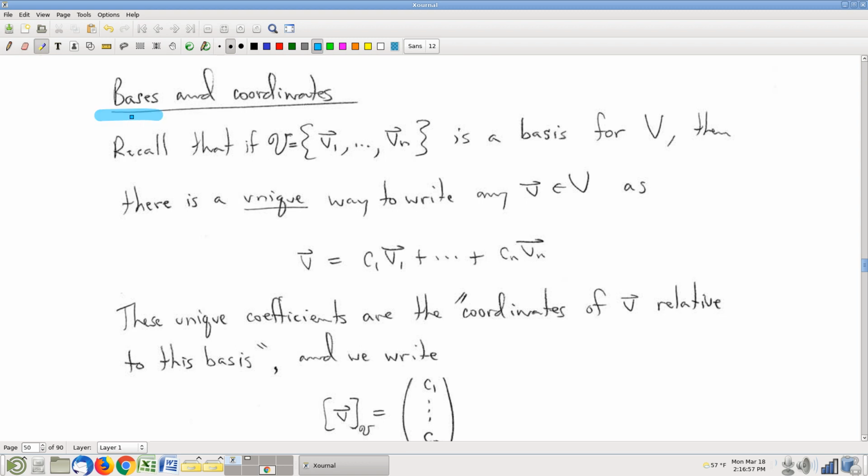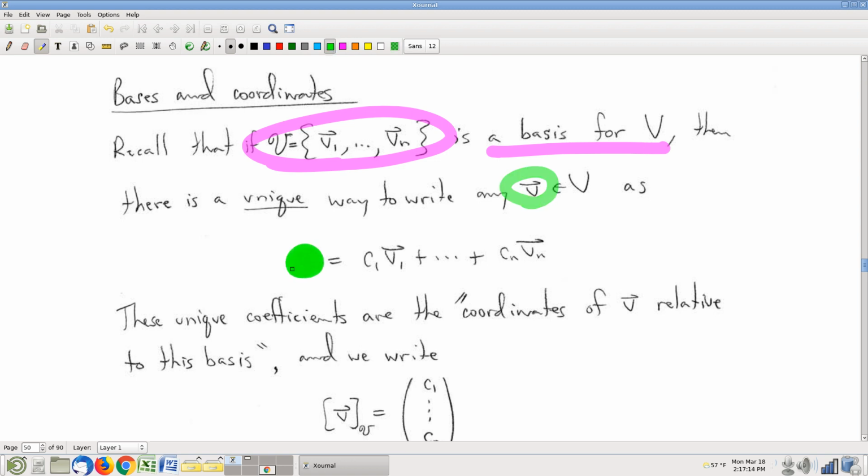Remember, if you have a basis, let me do this in purple. If you have a basis for a vector space, there is a unique way to write any other vector. If you give me any other vector v, there's a unique way to write that vector v as a linear combination of those basis vectors. Right? There's a uniqueness of representation.